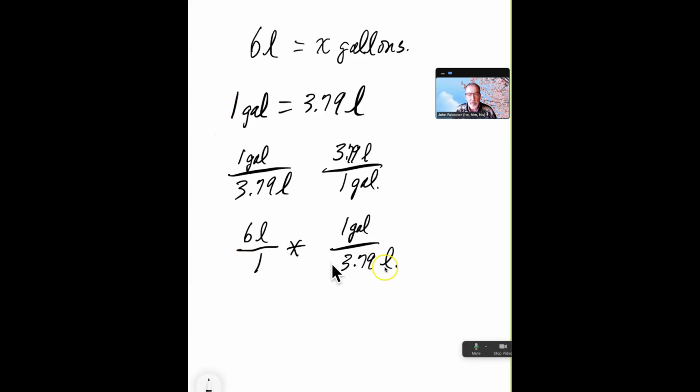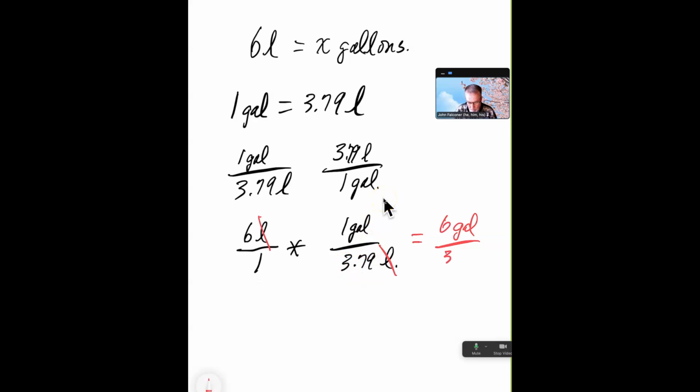So when we multiply this out, most of you remember we can cancel out terms that are the same if they're in the top and the bottom. Okay, and so liters are the same, and that's going to leave 6 times 1 gallon, or 6 gallons, divided by 1 times 3.79.